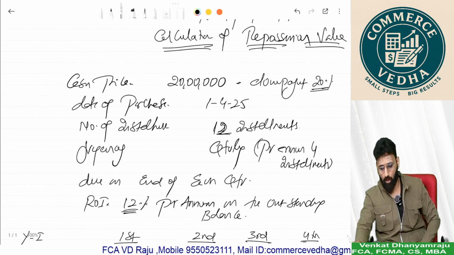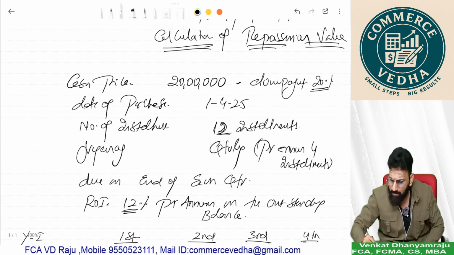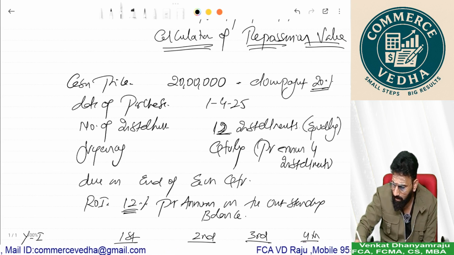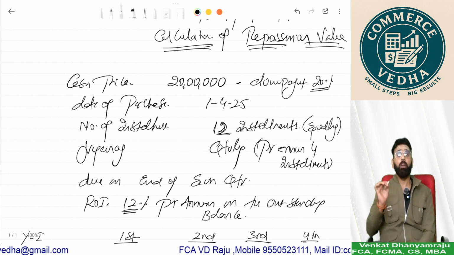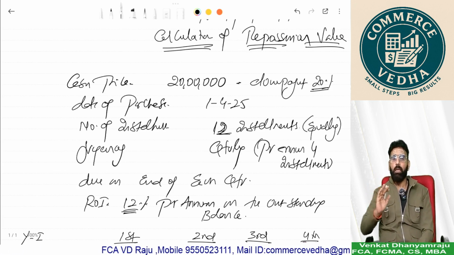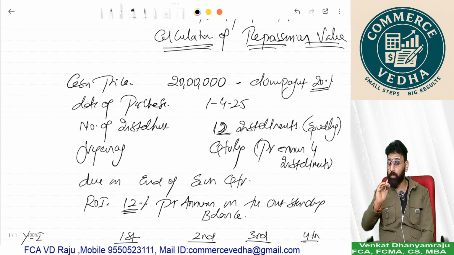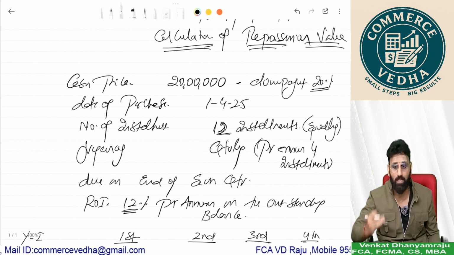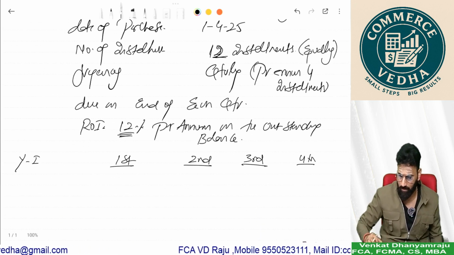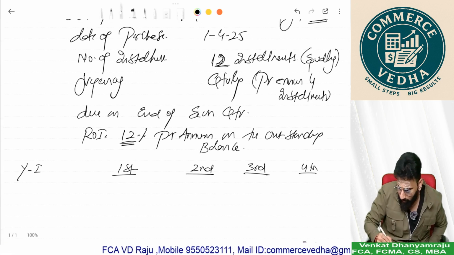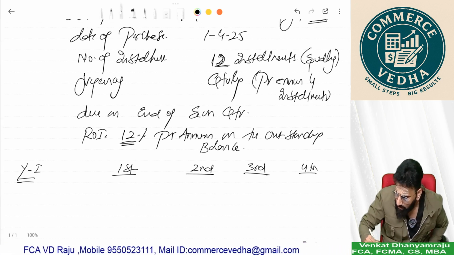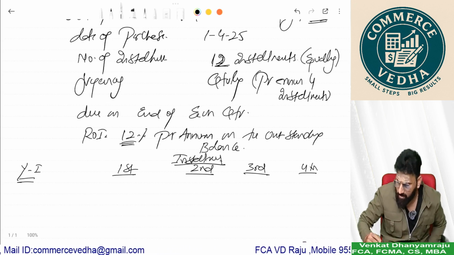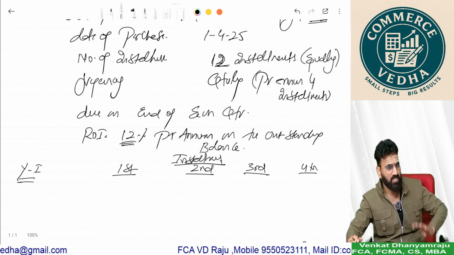Down payment 20% and balance in 12 installments equally. Equally in the sense cost price equally, not the total installment value. How it will compute. So if you see this here, year 1, installment 1, installment 2, installment 3, first year 4 installments.